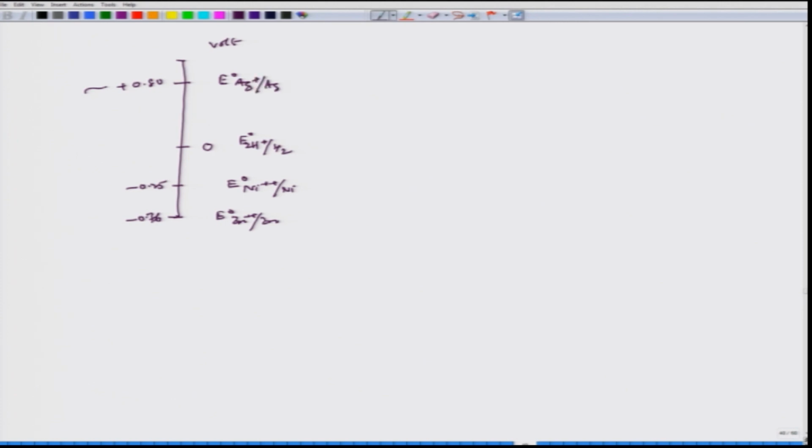Like that, we can calculate for all the other metals and distribute them on this particular scale.